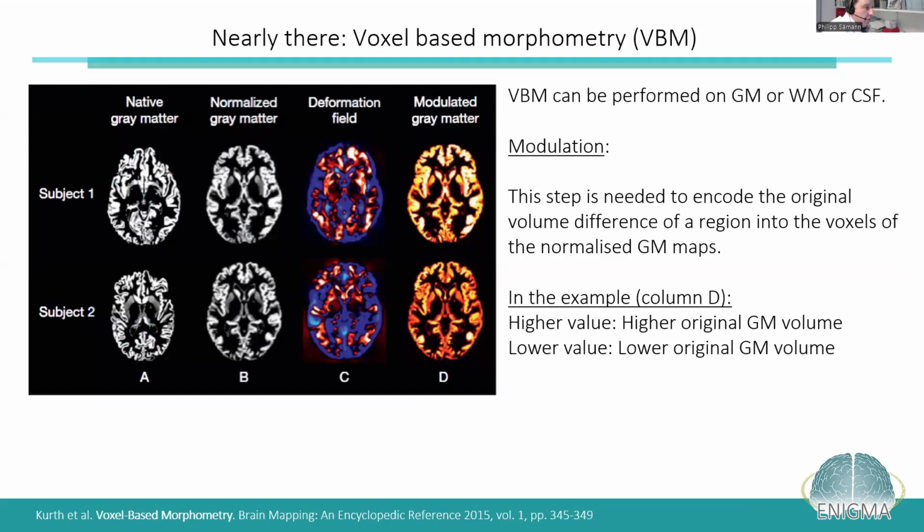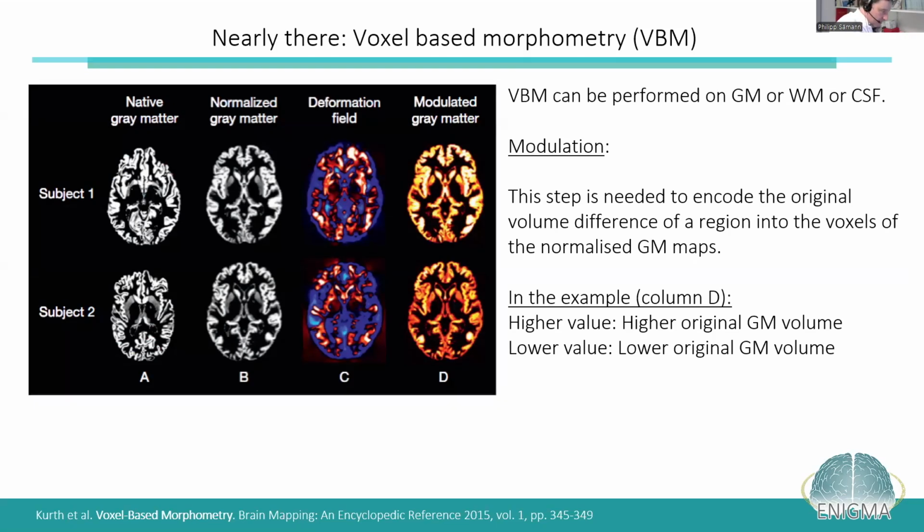Now we are very close to voxel-based morphometry, because if you manage to extract a gray matter map on the one hand and also have it ready in a normalized space, you are able to compare this information across individuals and to perform statistical comparisons.